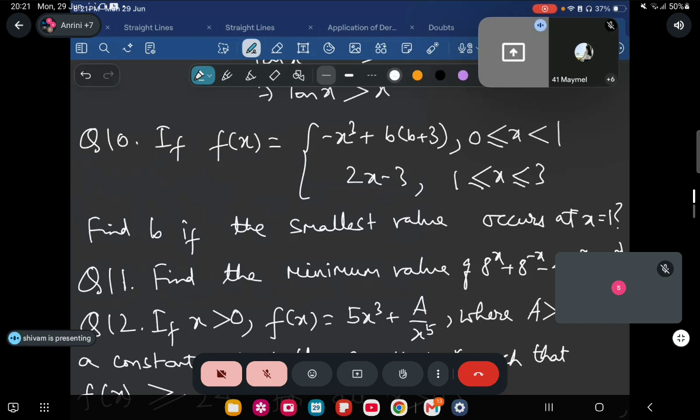Check it again. Only two values. Sir, question number 10. Only two values. Yes, Raktim, it is correct. So Memel and Sarthak, I'm solving. Okay, Sir, pay attention one minute. Okay.